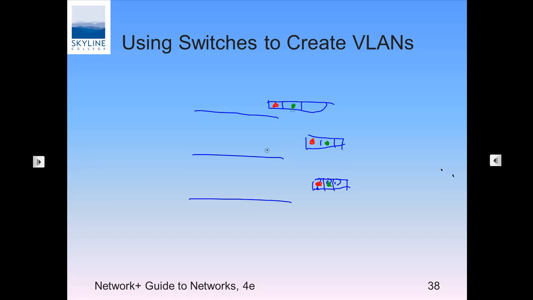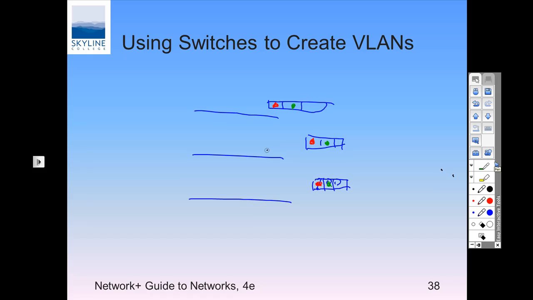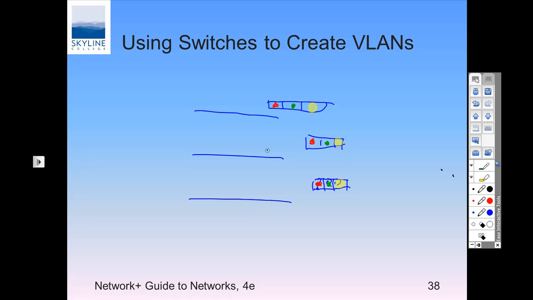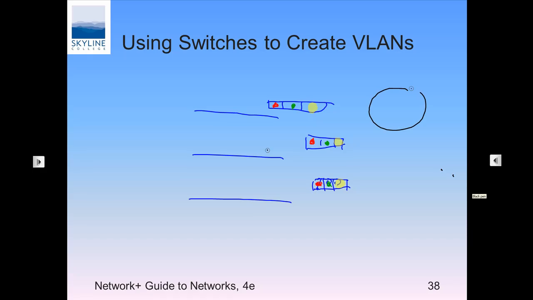They can't talk to the red ports. And we have, I think it'll let me make yellow ports. Big yellow ports. If we want these devices to talk to each other, we've got to put a router out here.